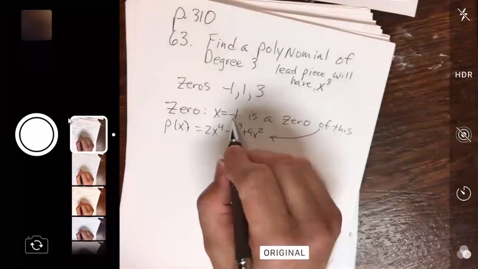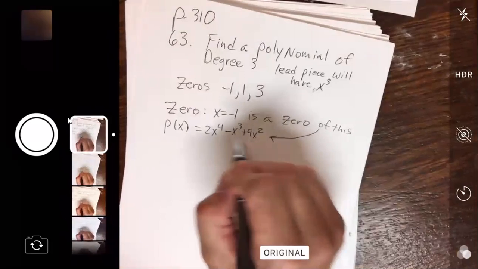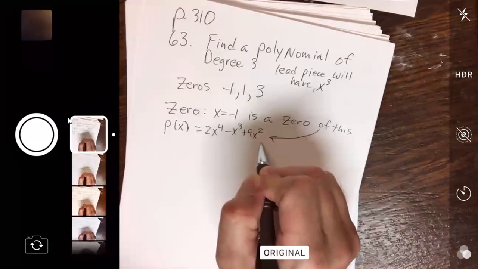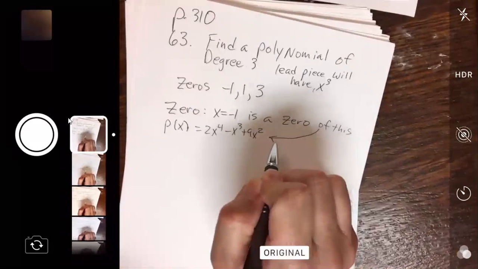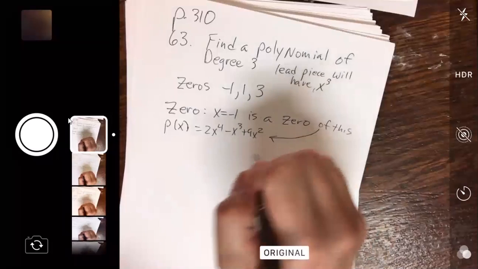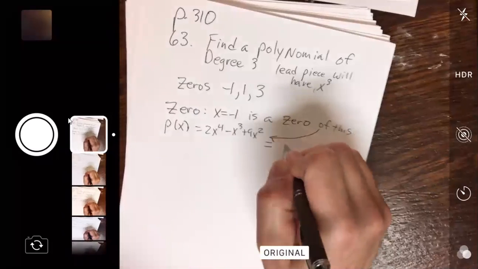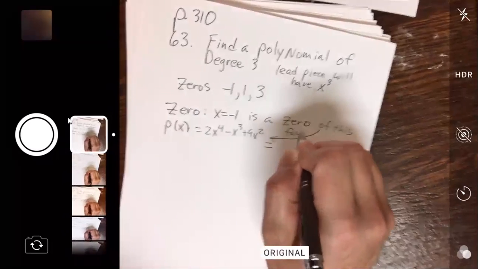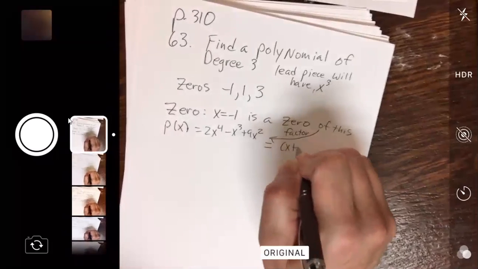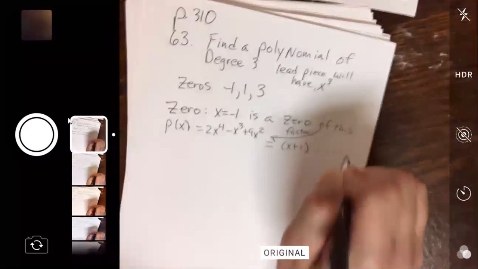But you understand that means I can plug in -1 to this and I get out 0. You get that, right? This means that you'd have a factor of x plus 1 times other stuff.